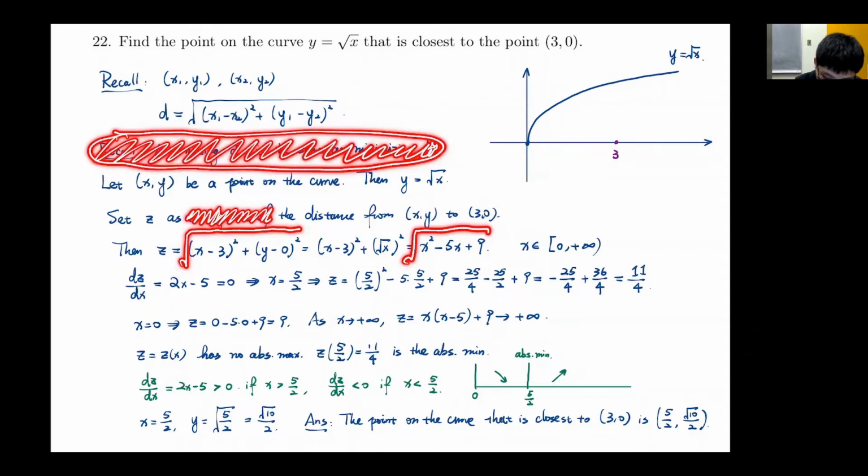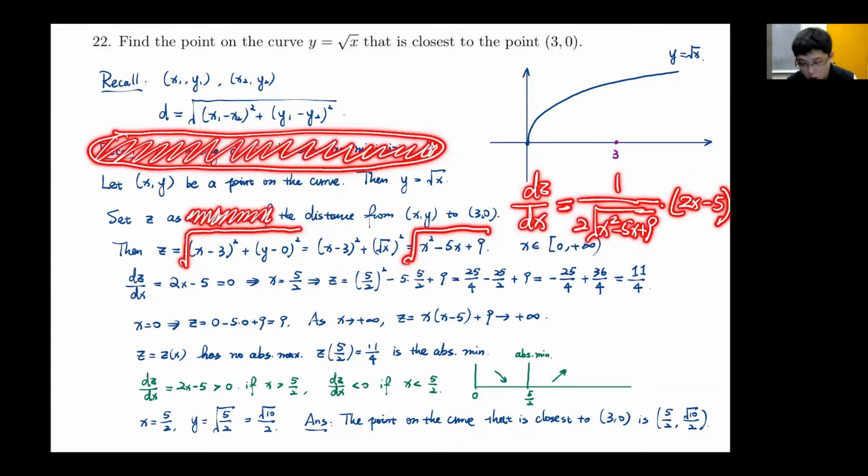If you compute dz over dx, you get 1 over 2 root of the whole thing by the chain rule, times 2x minus 5. If you set dz over dx equals 0, you will still get x equals 5 over 2.